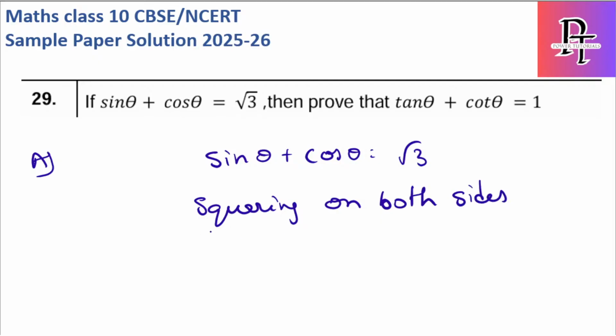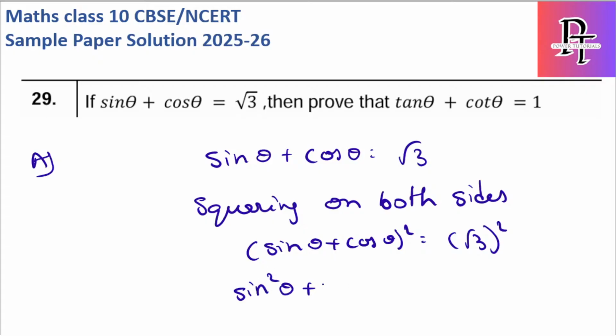So if you do squaring on both sides, what will it become? Sin theta plus cos theta whole square is equal to root 3 whole square. So what is a plus b whole square? A square plus b square plus 2ab. So this becomes sin square theta plus cos square theta plus 2 sin theta cos theta. Root 3 whole square is 3. For the first identity again, what is sin square theta plus cos square theta? The value is 1.